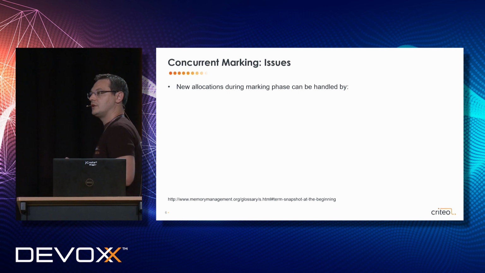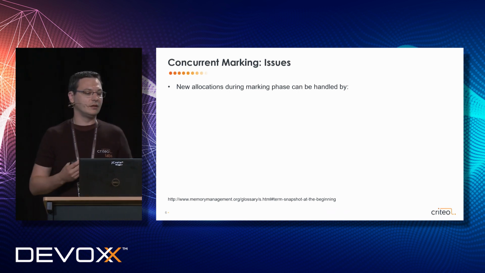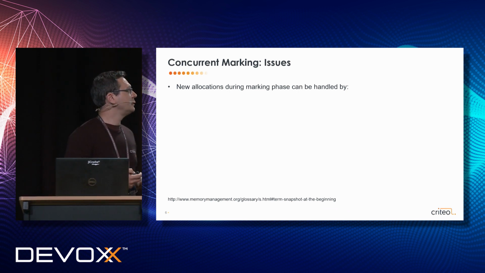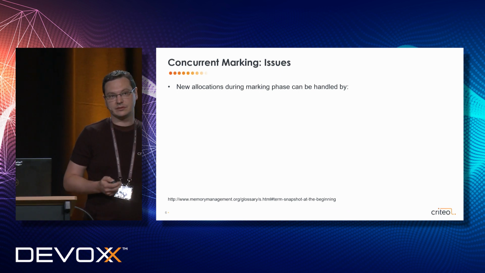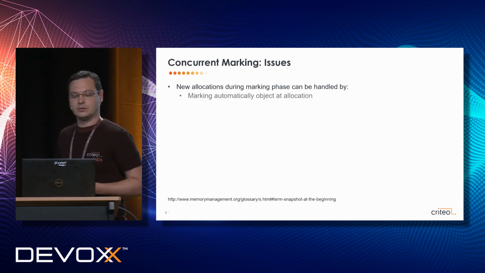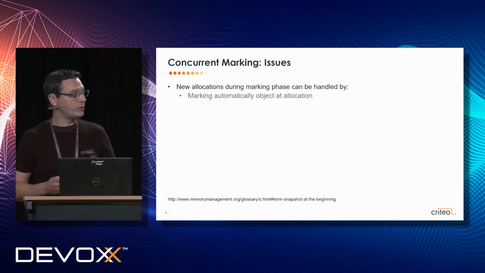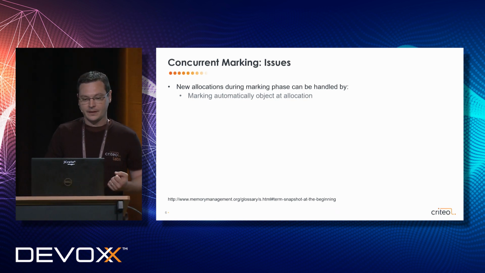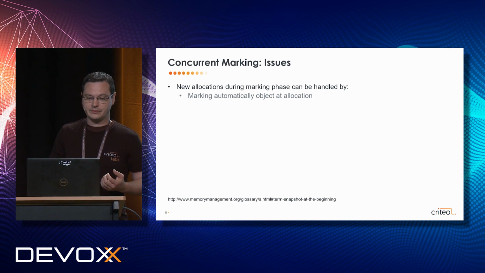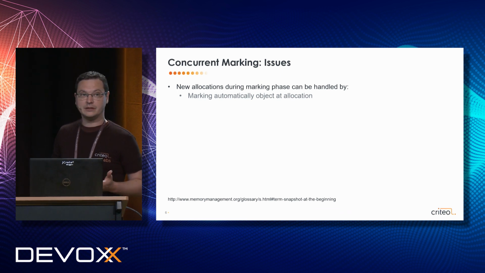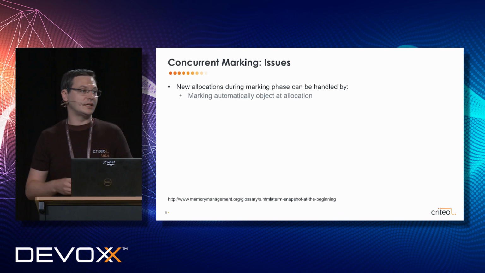Modifications of this object graph can be of two kinds. The first one is new allocation during this marking phase. For new allocation, you can deal with this problem in two ways. Marking this newly allocated object automatically as live.